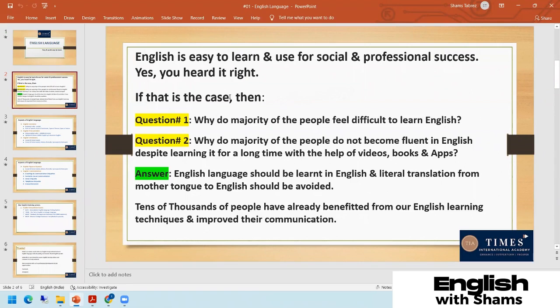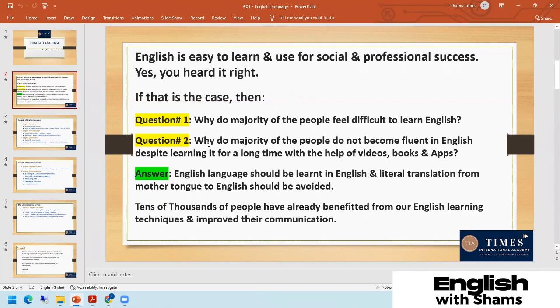If that is the case, then some people say English is easy to learn and use, so why for a few people does it become difficult? Question one: why do the majority of the people feel it difficult to learn English?